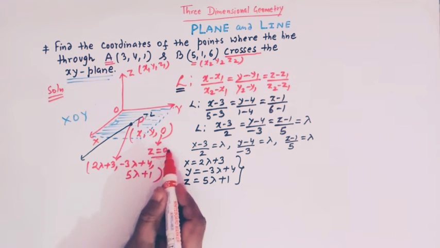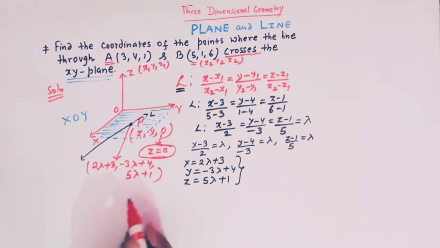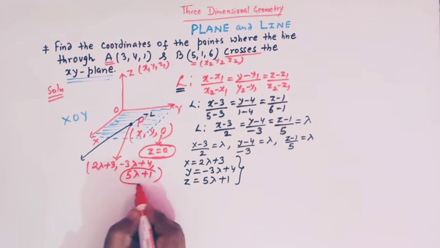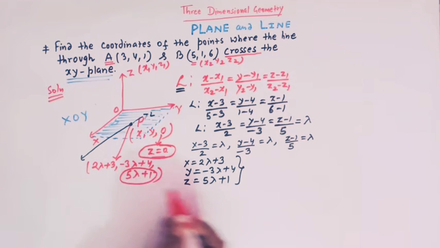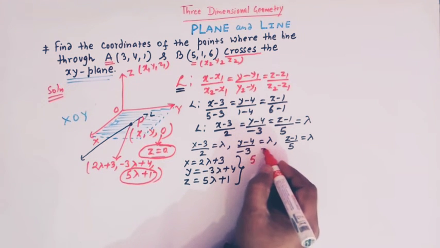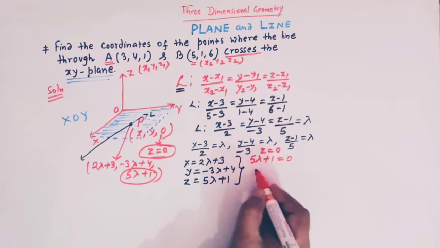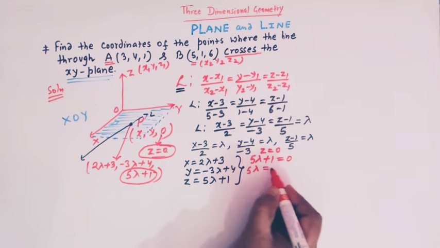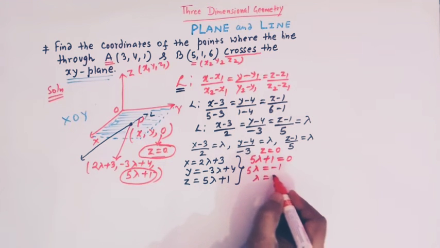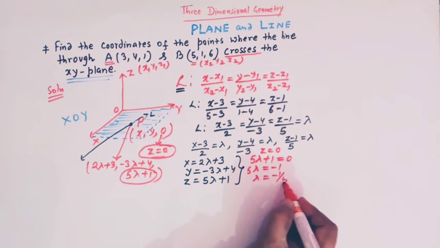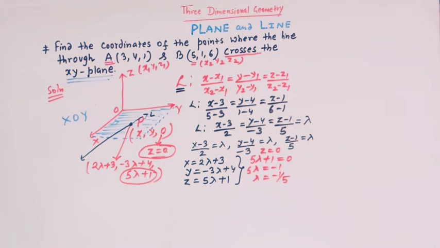We see that here the z coordinate is 0, so we have to make this term 0. So we have z equal to 0, so 5 lambda plus 1 is equal to 0, so 5 lambda is minus 1, so lambda is equal to minus 1 over 5.